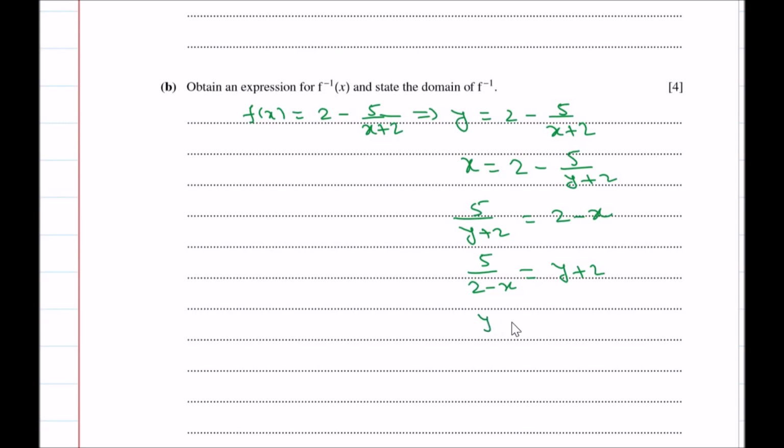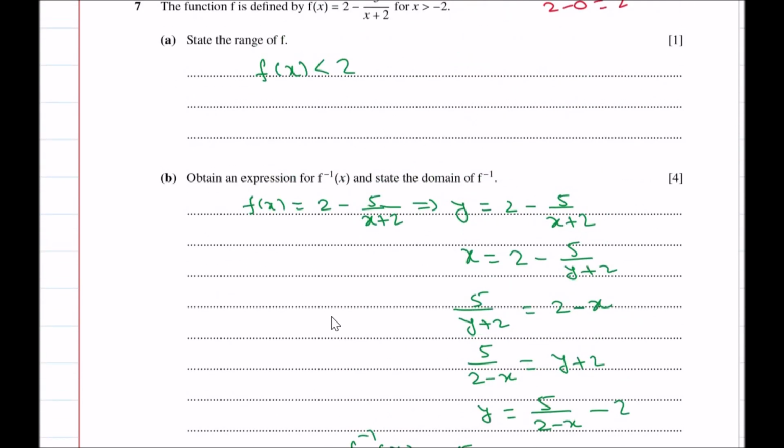So y equals 5 by 2 minus x minus 2. We are subtracting 2 to the other side. So we can write f inverse x is equal to 5 by 2 minus x minus 2.